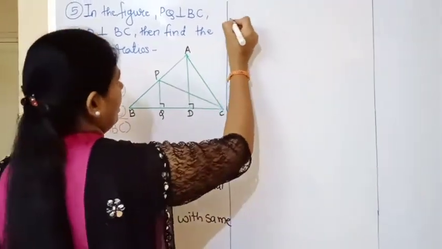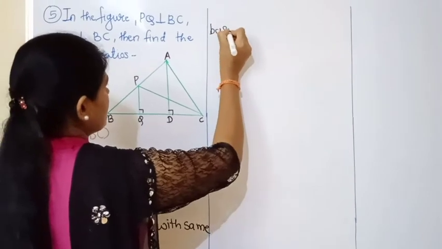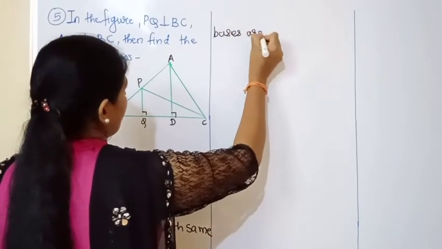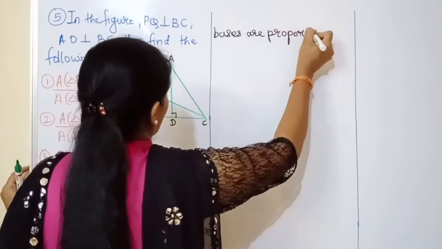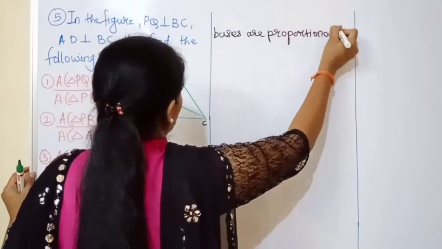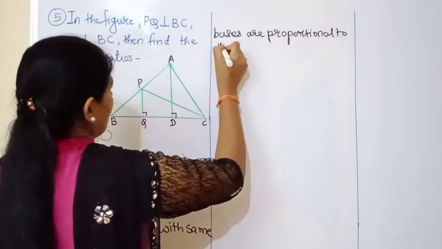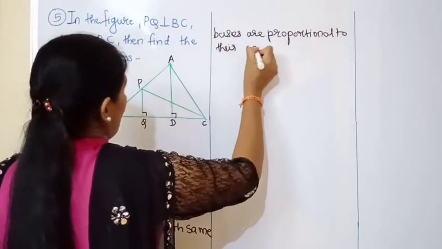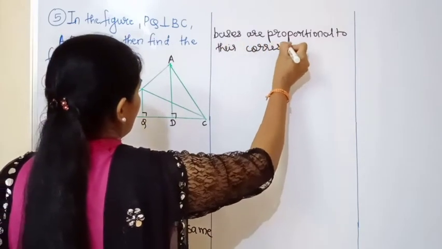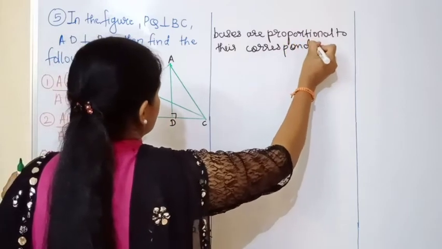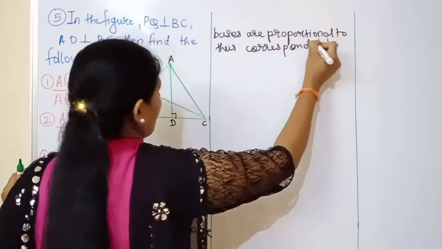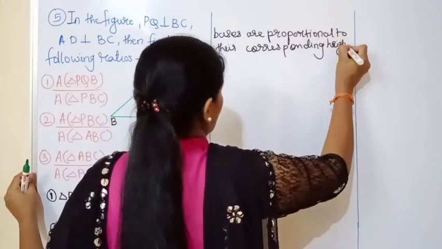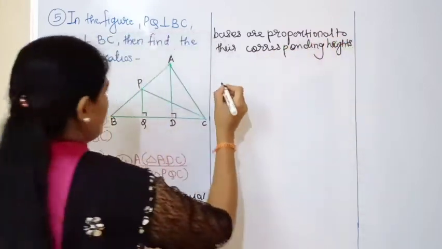With same bases are proportional to their corresponding heights. Okay. So what will be the ratio now?